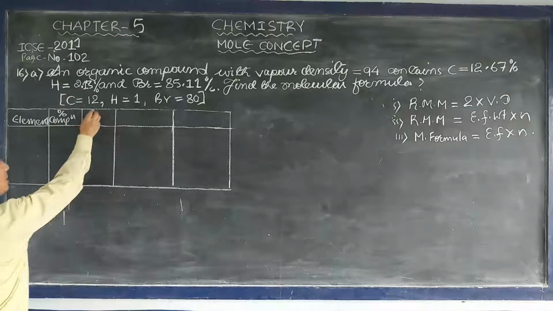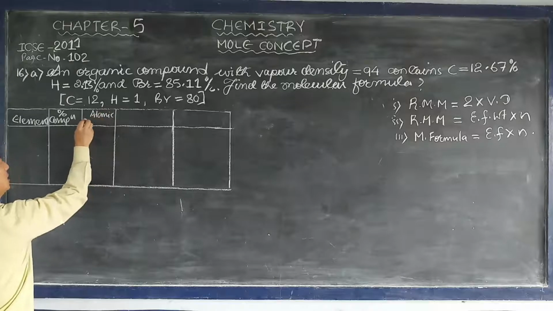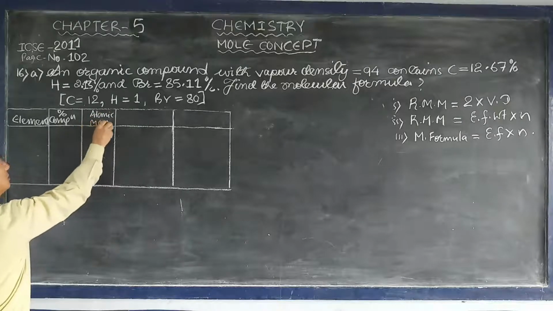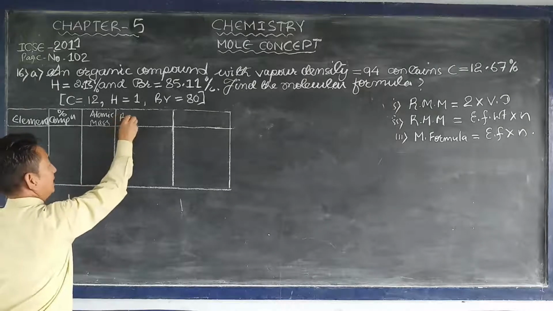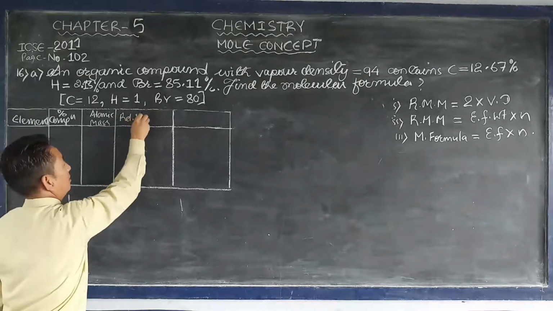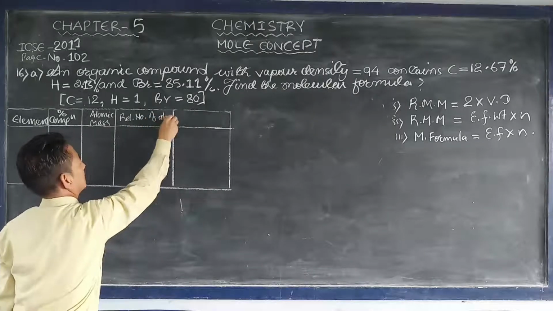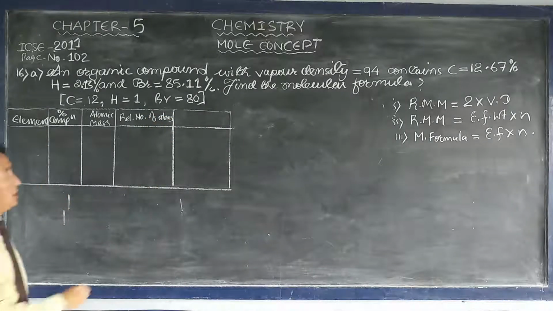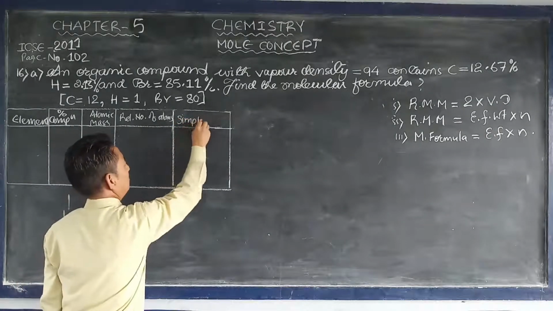Then atomic mass or atomic weight. Then here in third box, relative number of atoms. Then here last one, simplest ratio.